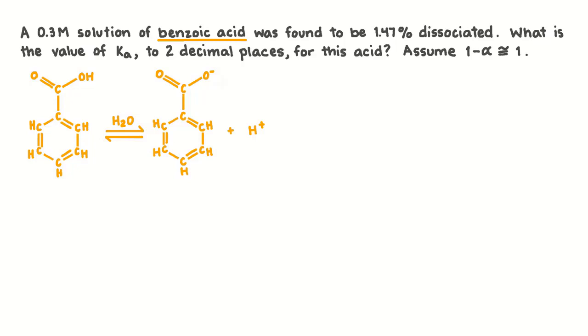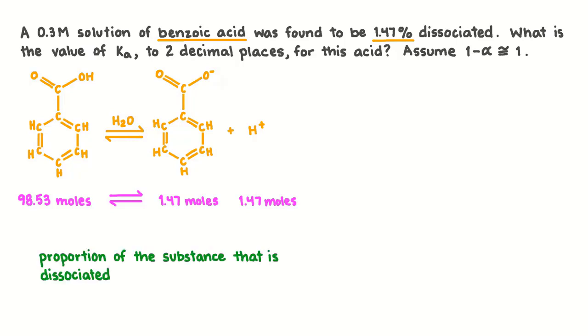We are told that 1.47% of the acid was found to be dissociated. This means that if we dissolved 100 moles of benzoic acid in water, at equilibrium, 1.47 moles will have dissociated into ions, while the remaining 98.53 moles are undissociated.